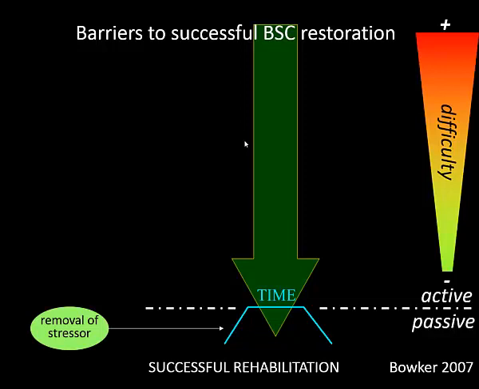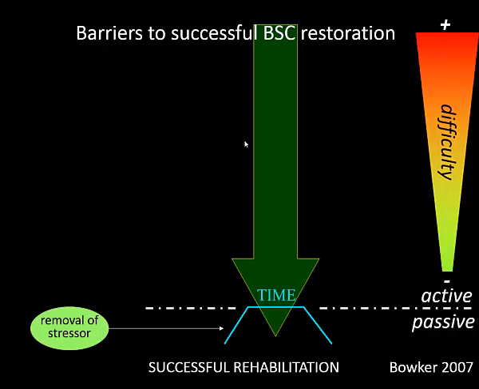The first barrier is just time. And passively, to remove this barrier, all we have to do is remove the stress. So for example, in a system that's not severely degraded, there are still propagules present, the soils aren't actively eroding, but the biocrusts are damaged. If we just give it time and take the cattle off the land, for example, it can rest and recover.